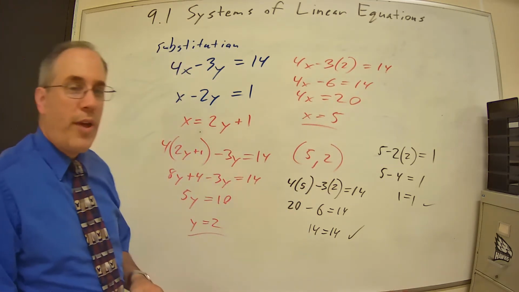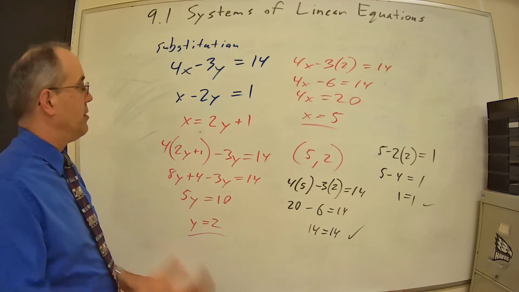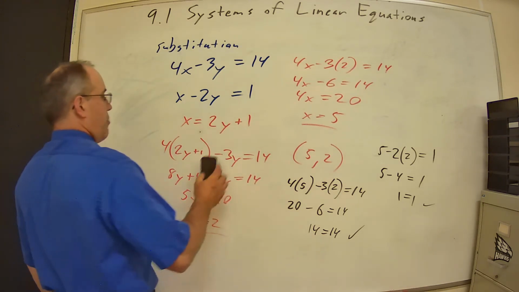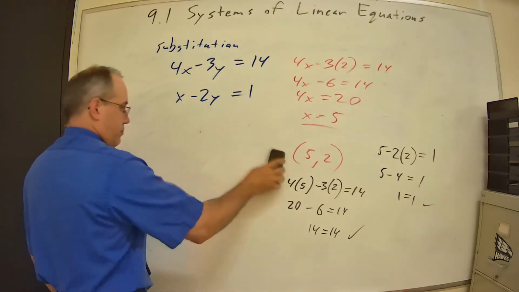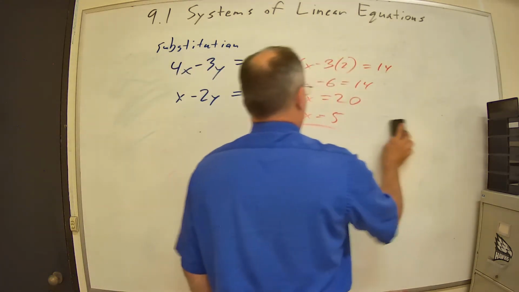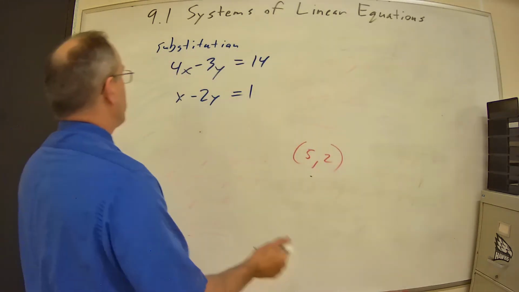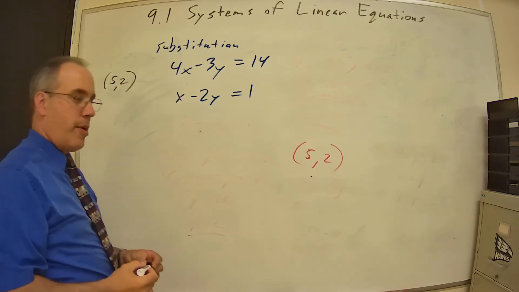Now, another way we could solve this, and not one that we're going to necessarily deal with much, but I figured this actually isn't a bad one to work with here. We've got that 5, 2. So I'm going to keep that around for us. So we know that's the solution. So put it over here, 5, 2, just so we remember it's the solution.